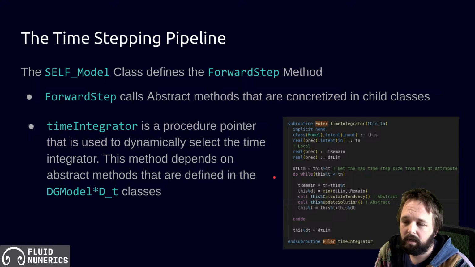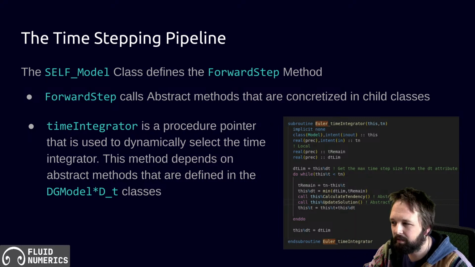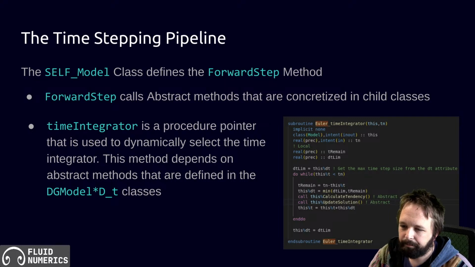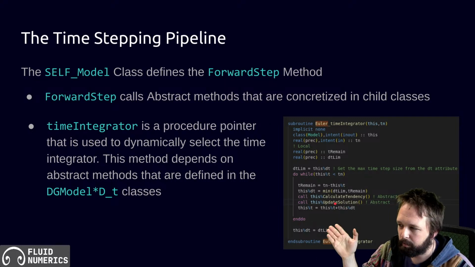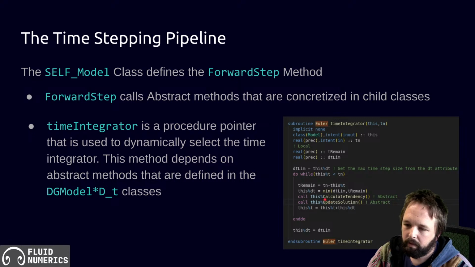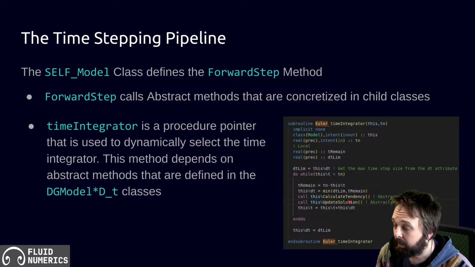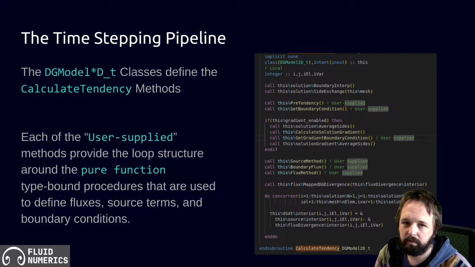Now the time integrator, like I said, could be any of these methods. We've provided a number of these out of the box. I call these abstract-ish methods in the sense that they themselves do call abstract methods from the perspective of the SELF model class. So we have calculate tendency, update solution. Those actually start to get concretized in the DG model 1D, 2D, and 3D classes.